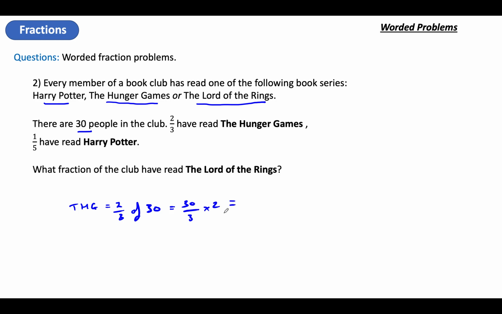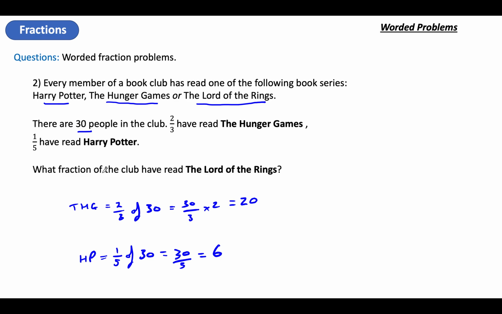Well, 30 divided by 3 is 10, times by 2 is 20, so 20 people did The Hunger Games. 1/5 have read Harry Potter. 1/5 of the 30 then. So that would be divide by the bottom of the fraction, divide it into 5. How many 5s in 30? There are 6.